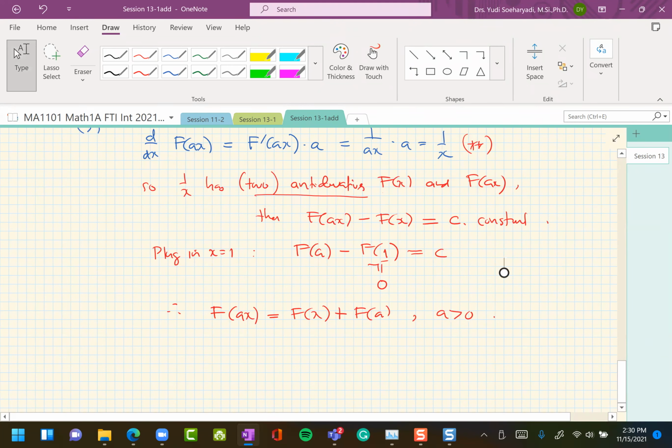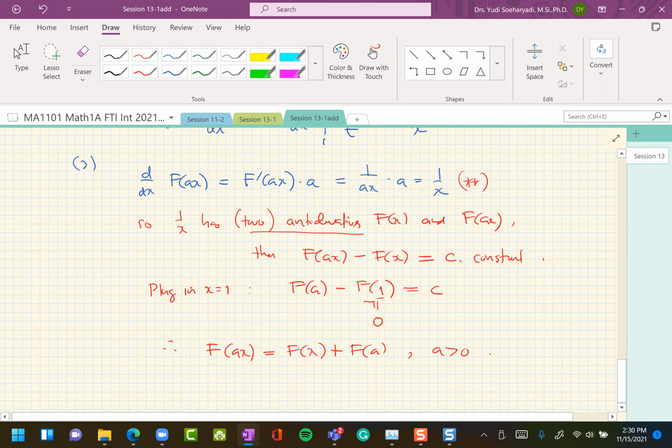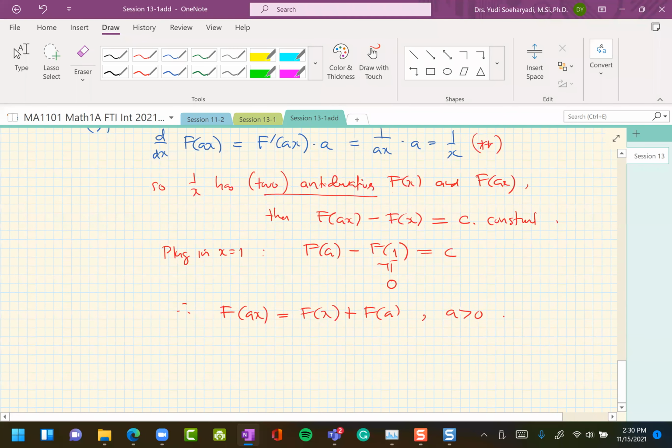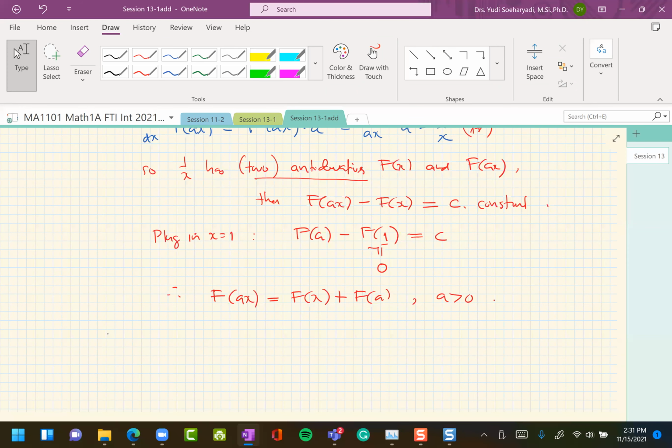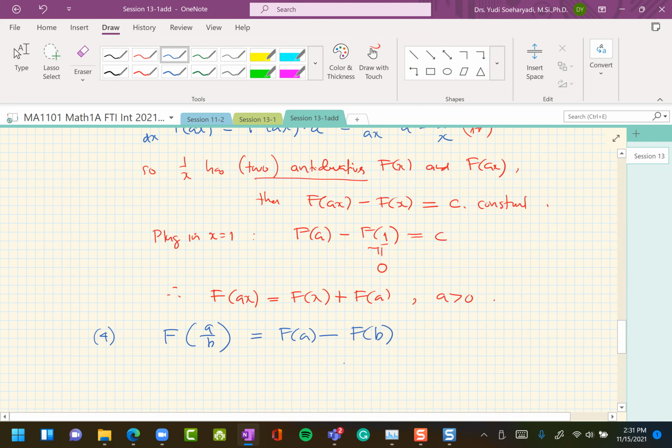Okay. I won't derive this, but it is similar here. The fourth one is this. It turns out that if I have something like this, then it is f of a minus f of b.